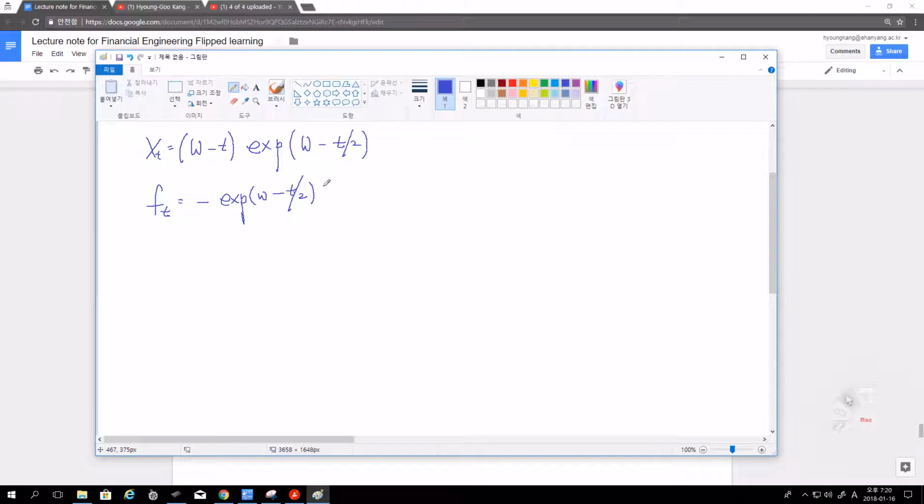And then we take the derivative with respect to t for this part, where we have 1/2, so minus, exponential of (w minus t over 2), right?